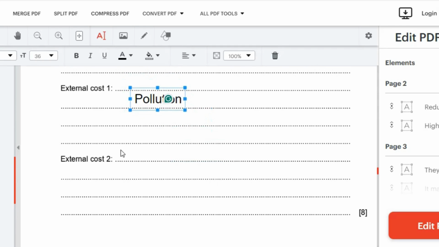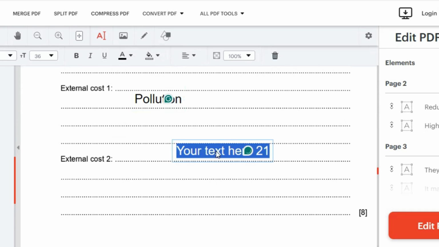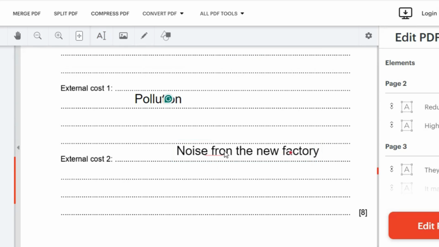Now, another one that we have is noise from the construction of the new building. Noise from the new factory RW is developing. It can also be an external cost to the company.